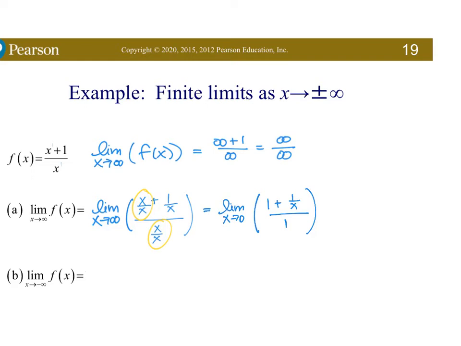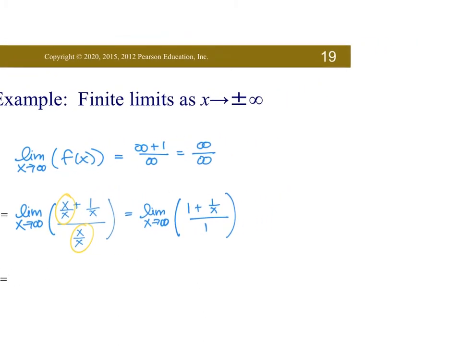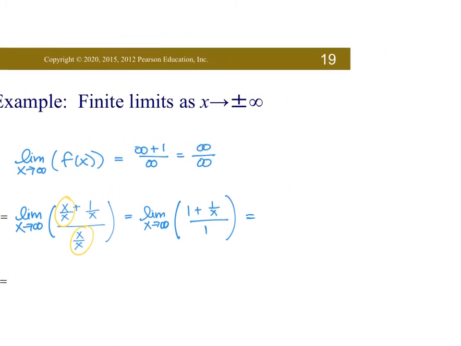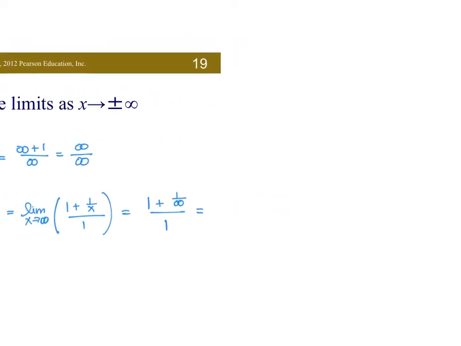Now I'm going to try and drop infinity into this question. Excuse me, I didn't write infinity into this question. So once I drop infinity in, I can drop the limit notation. So I'm going to have 1 plus 1 over infinity divided by 1. Now, is it legal to have 1 over infinity? For sure. It's just not legal to have infinity over infinity, but this is totally fine.